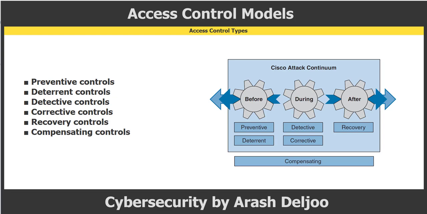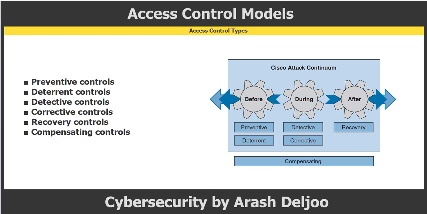Recovery controls are used after the environment or system has been modified because of an unauthorized access or due to other reasons. They are aimed at restoring the initial behavior. Performing a backup, implementing a redundant system, and creating a disaster recovery plan are all examples of recovery controls.